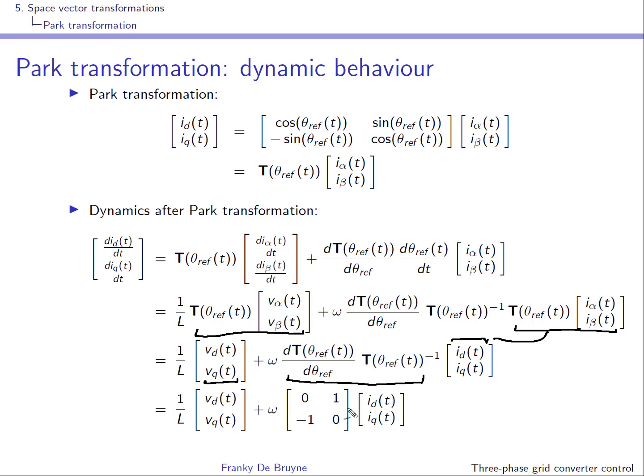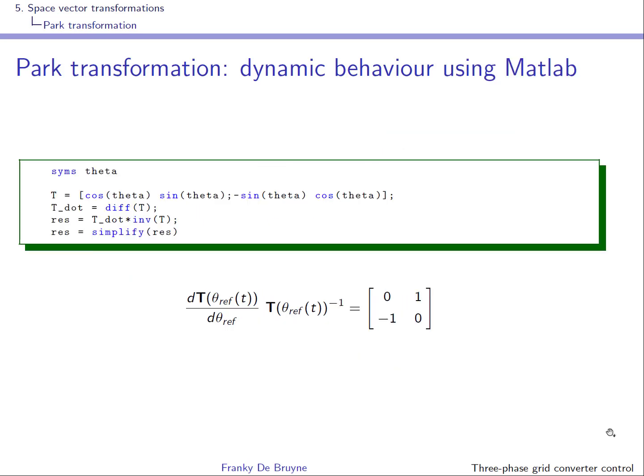Well, if you do the computation, you can replace this quantity by this matrix over here, and you obtain this relation over here, and I will talk about the interpretation later. You can see that this expression was used in the previous slide, and it's something that you can compute quite easily using the symbolic toolbox.